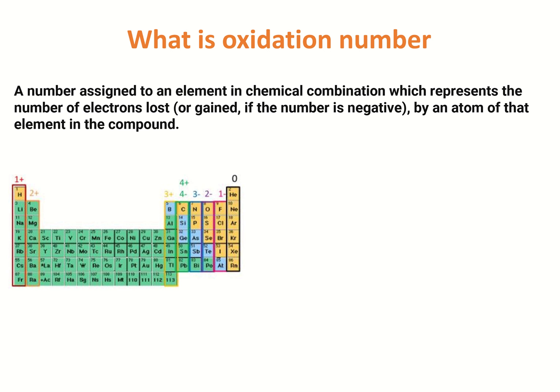You look at the periodic table and you look at the groups. So for example, sodium, it's in group 1. So it has a +1 oxidation number. Okay, group 1, +1. Let's look at magnesium.